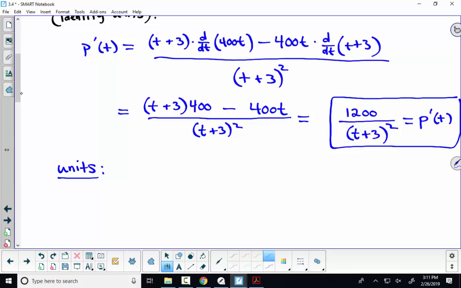The derivative was defined as, first of all, we took the difference quotient, the change in y over the change in x, and then we let that change get very, very small. But nonetheless, the derivative just measures a tiny change in the y values over a tiny change in the t values, or the x values. So the units of derivatives will always be the y units divided by the x units, anytime you take a derivative.